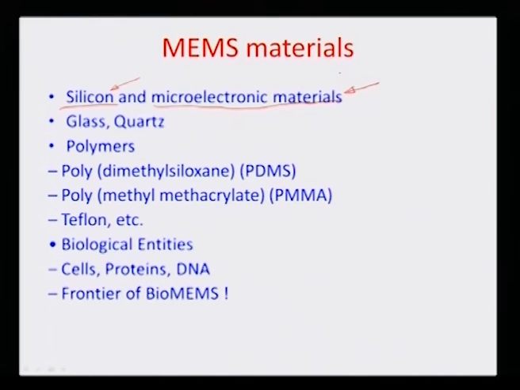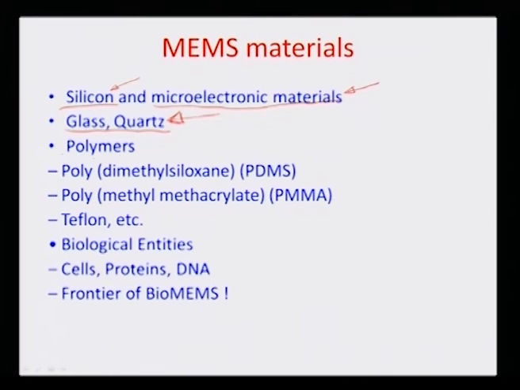Then of course quartz and glass, because in most microsystems you sometimes need optical transparency, and therefore glasses and quartz are the next line of materials that can be classified as MEMS materials or microsystems materials.